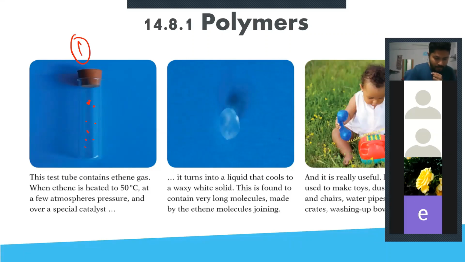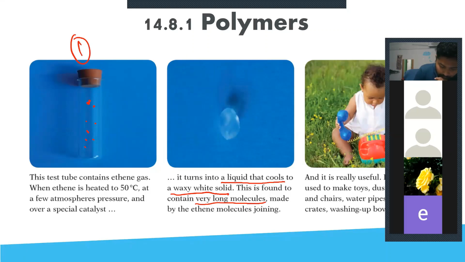So inside the test tube, it is ethene gas, which is heated to 50 degrees Celsius at a few atmospheres of pressure over a special catalyst. It turns into a liquid that cools to a waxy white solid. This is found to contain very long molecules.